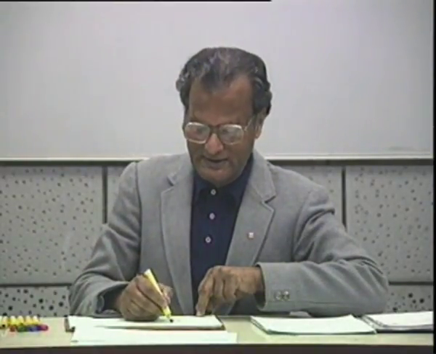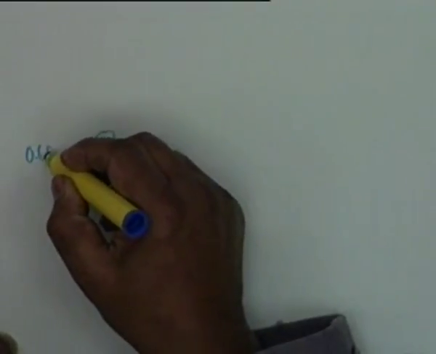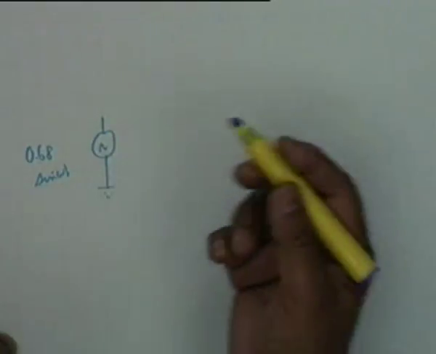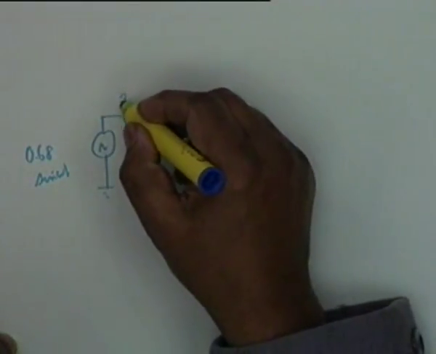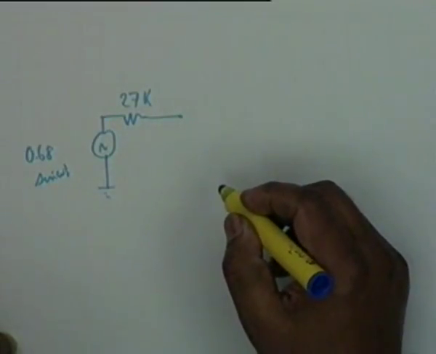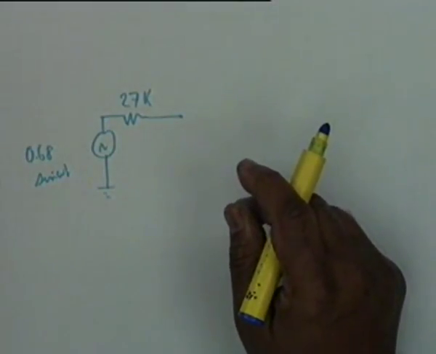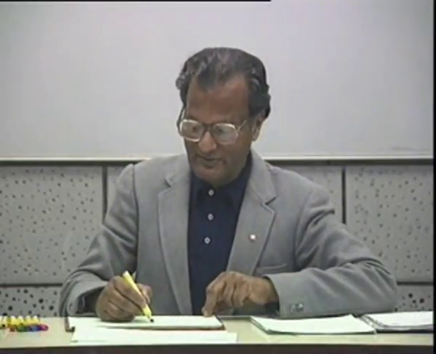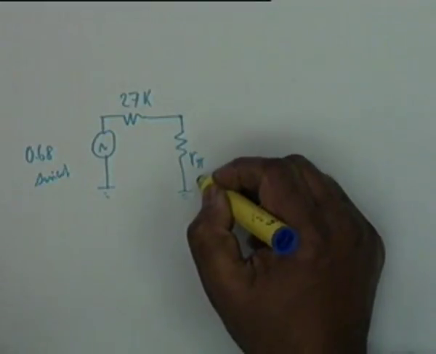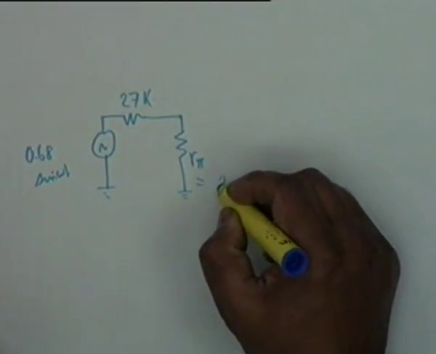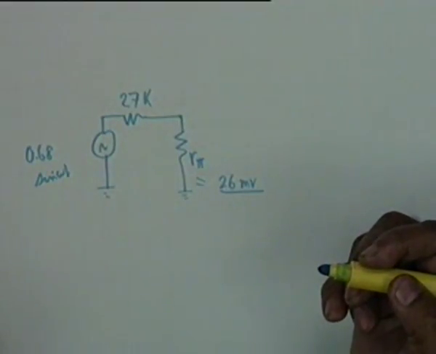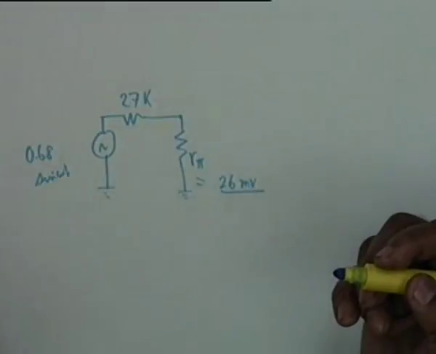In terms of AC, what you have is 0.68 sine omega t, then ignore the DC value, you have 27K, and from base to emitter the DC voltage is 0.65 volt, that does not change. What we have is a resistance R pi, which is equal to 26 millivolt divided by IC or IE?